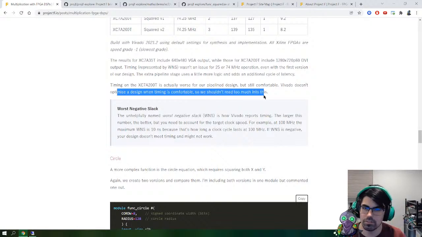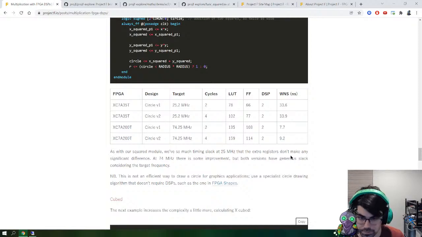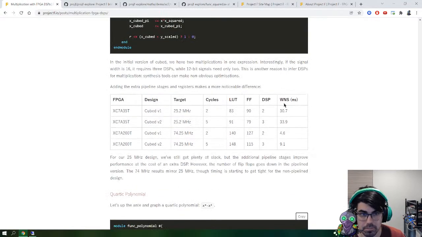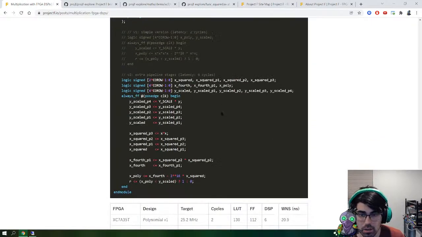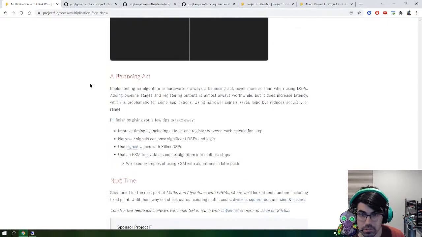Okay, yeah. Force negative slack. As long as force negative slack is above 0, you're good. For circle. Cubed. What's the cube one? Do they have an output, the cube? Okay, yeah, so it looks like we've reached the end of this.